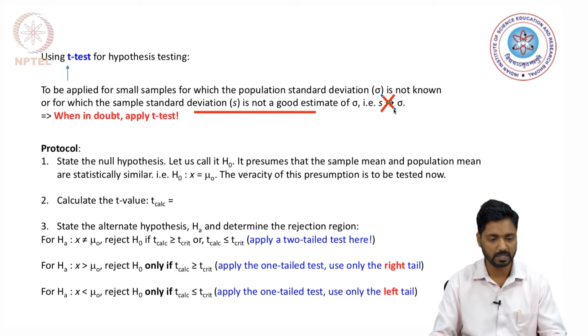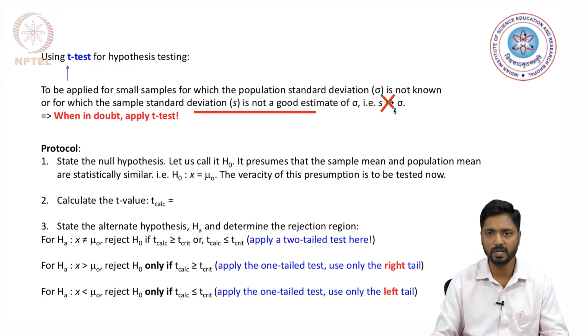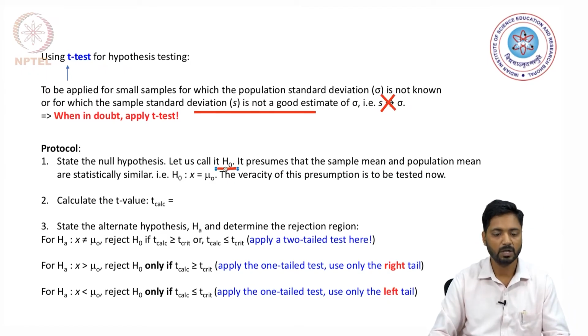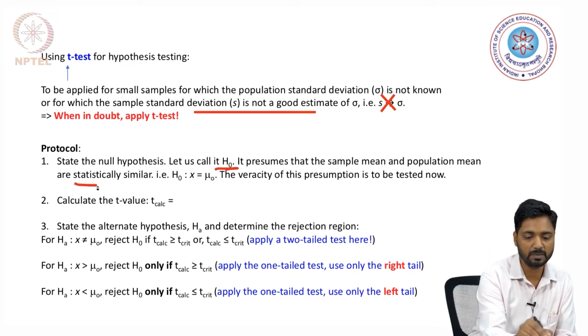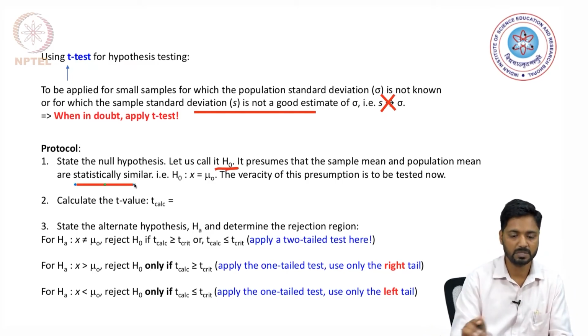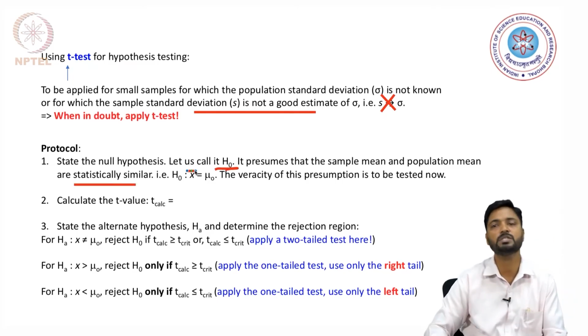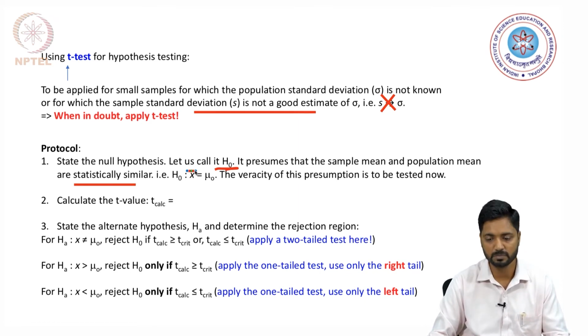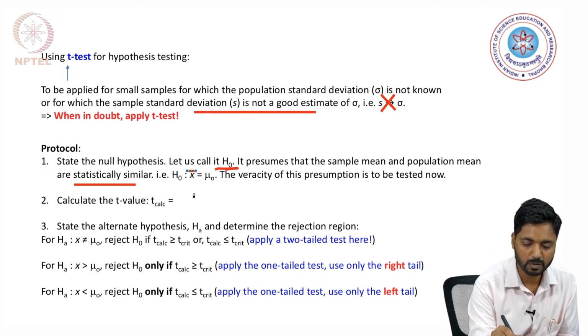So the protocol is very similar for the t test as well. We again come up with a null hypothesis which presumes that the compared values are statistically similar. Now these compared values are the sample mean and the population mean for us. So we state the H naught accordingly, and we test the veracity of this presumption by applying the t test. The formula also remains more or less similar.